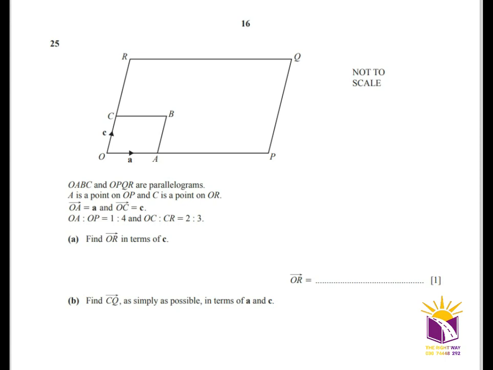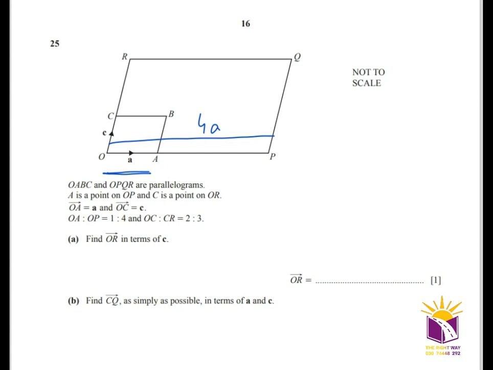The ratio OA to OP is 1:4. If OA is 1, then OP is 4, so it will be 4a. If OA is a, then OP is 4a.